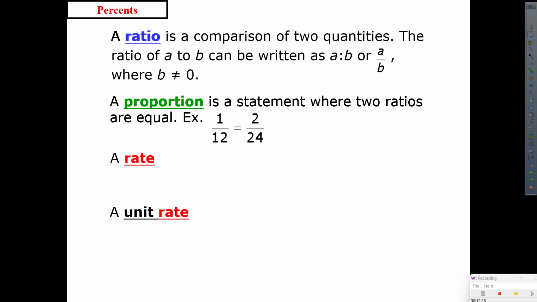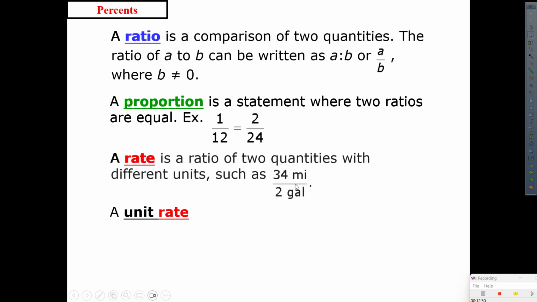Miles per hour. So a rate is a fraction with 2 different units of measure. So look at this one. Miles per gallon. Have you heard that before? Yes, distance and gallons.